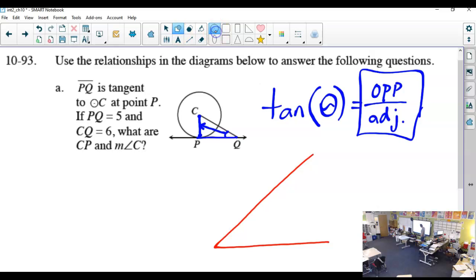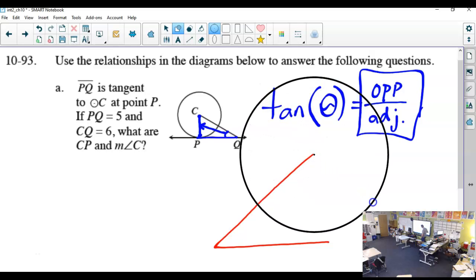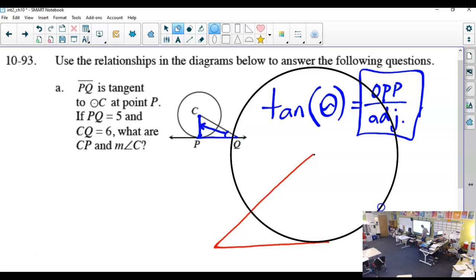If I go to make a circle from here, and I make that, oh, it's a tangent line.